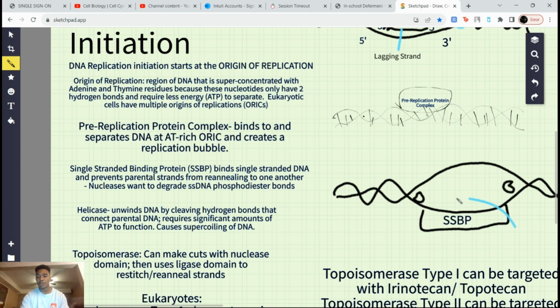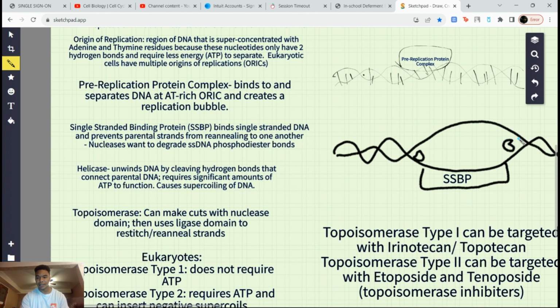So single-strand binding protein binds to it and kind of just holds it there. It's like, nah, you're not gonna get back with that DNA bond. You're not gonna hydrogen bond back together, parental strand. We're not having that.